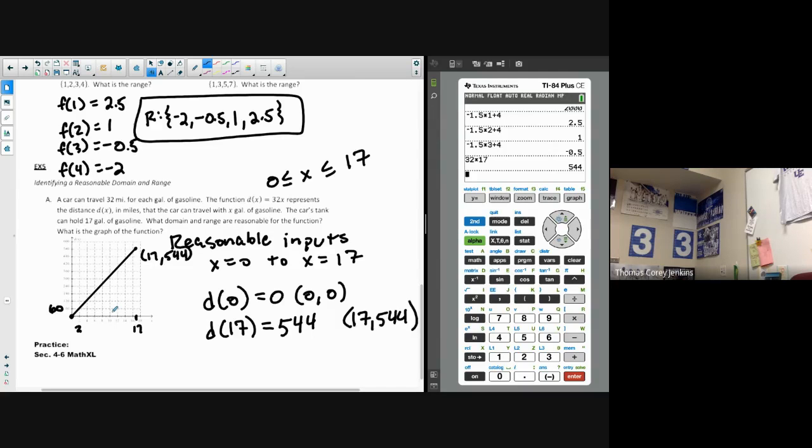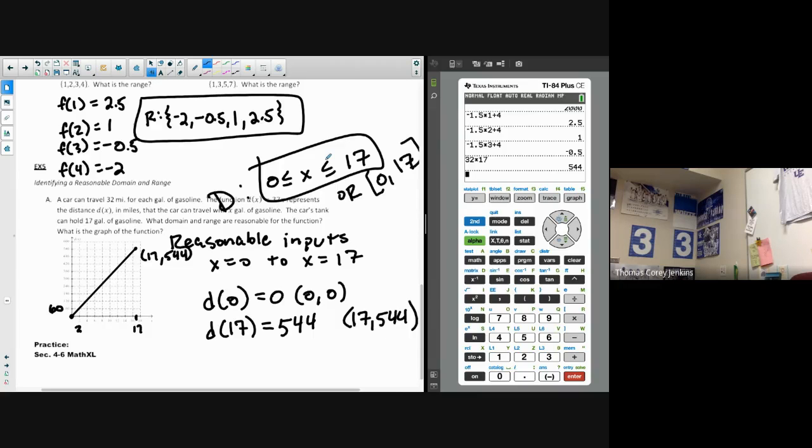You've got to have all your decimals there too. So the only way to really show that is this way, or we've talked a little bit about interval notation. So you could also say from 0 up to 17 in brackets, okay? So this is my domain. I think MathXL will probably want it this way.